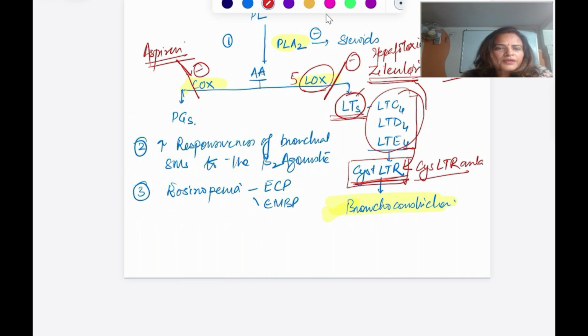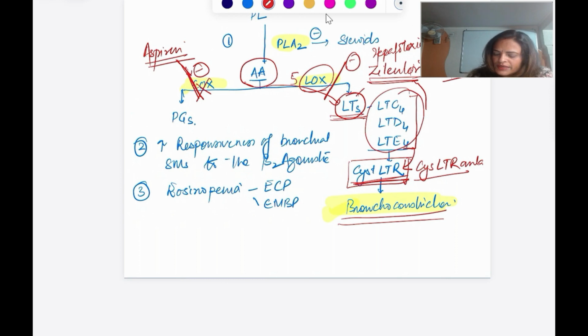If we give aspirin to the bronchial asthma patient, then what will happen? It is going to inhibit this pathway. Then what will happen? The metabolism of this arachidonic acid will be shifted towards which pathway? This. More leukotrienes will be formed, and which is going to cause a precipitation of the bronchial asthma.